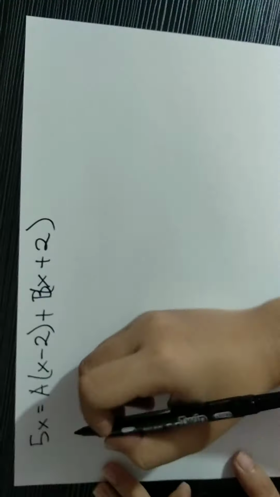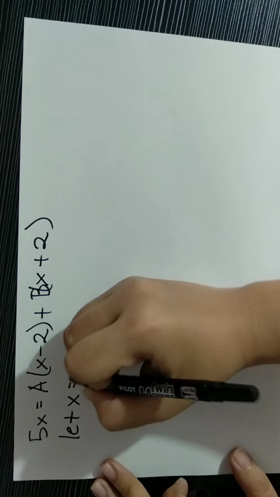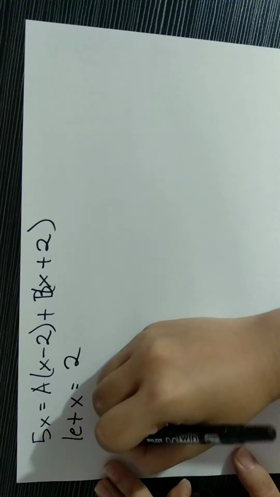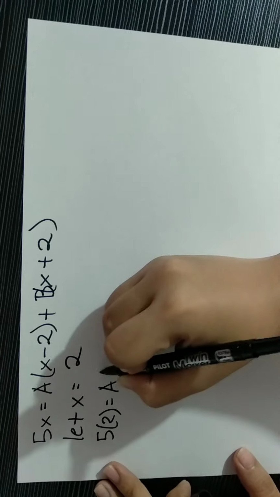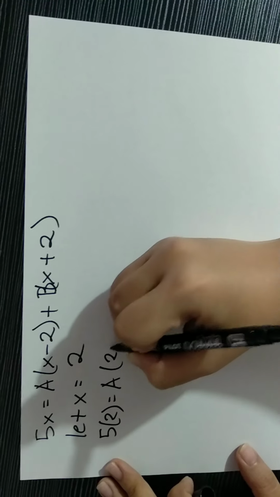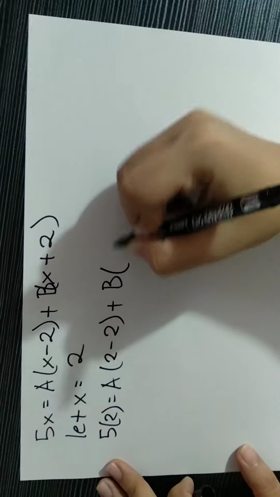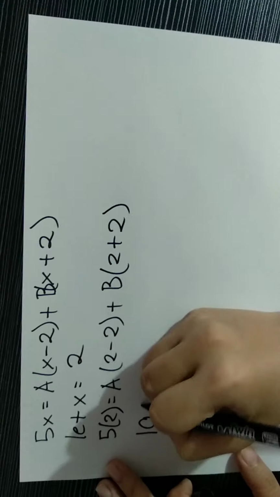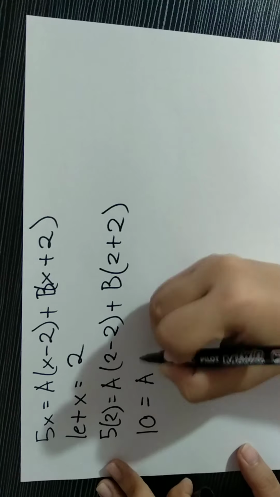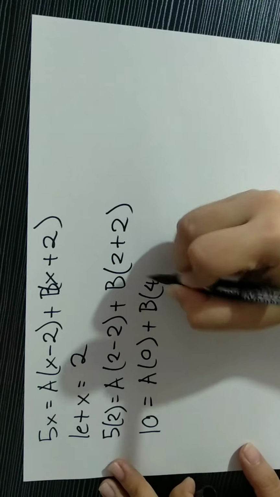Okay, now let x be equal to 2. So that's 5 times 2 equals a times 2 minus 2 plus b times 2 plus 2. We'll get 10 equals a times 0 plus b times 4.